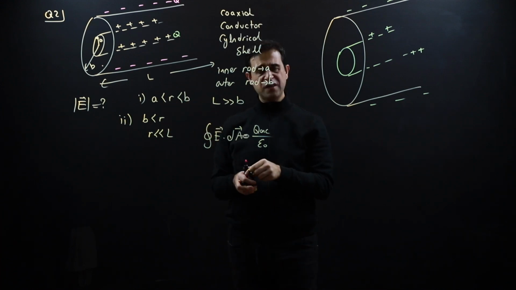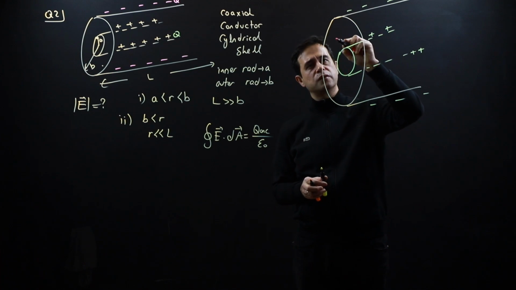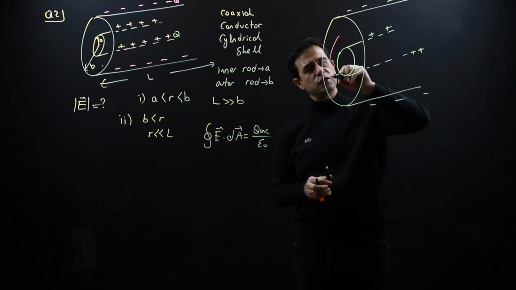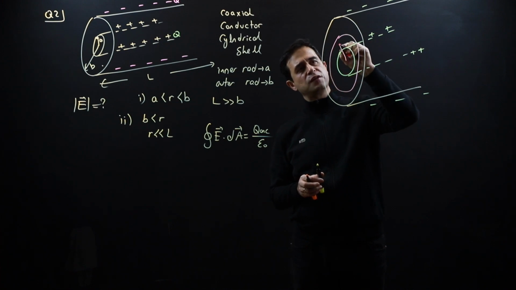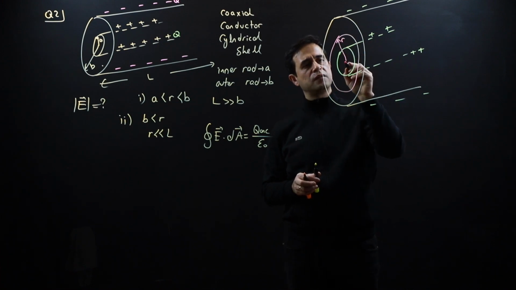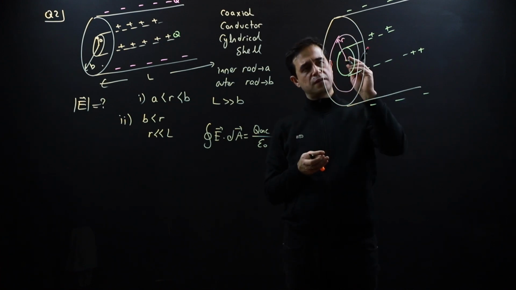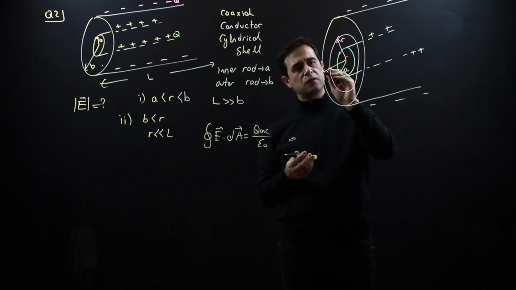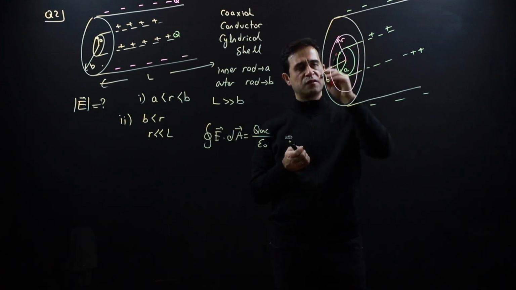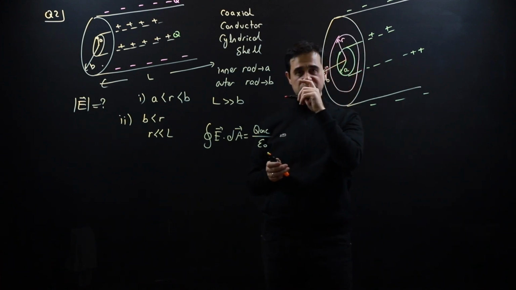So the best Gaussian surface for this is the following. You basically choose this one, where remember that this R is smaller than B but bigger than A. So it's somewhere in between, where R is the variable.